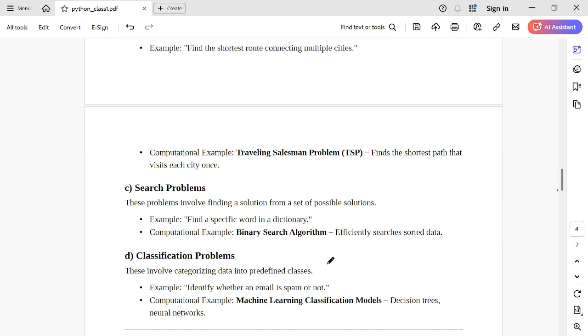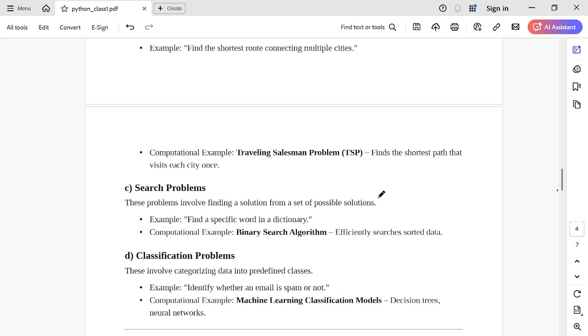Next are search problems. This problem involves finding a solution from a set of possible solutions. Example: find a specific word in a dictionary. Computational example: the binary search algorithm, which will efficiently search sorted data, right?